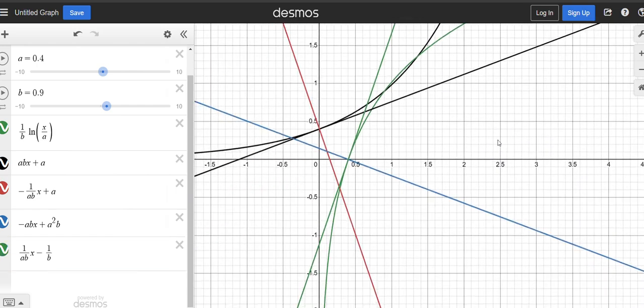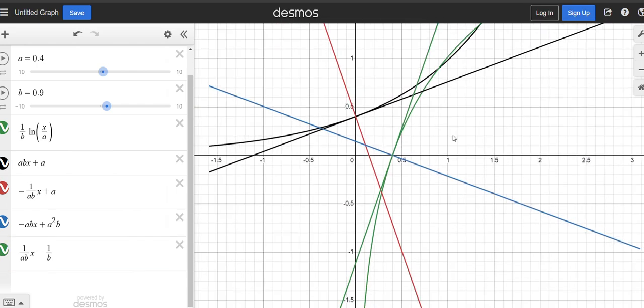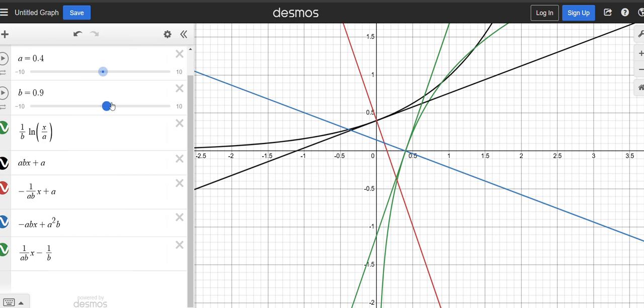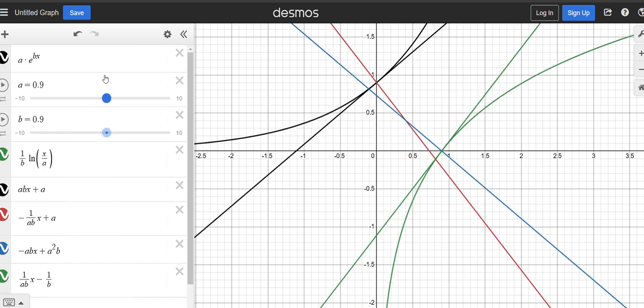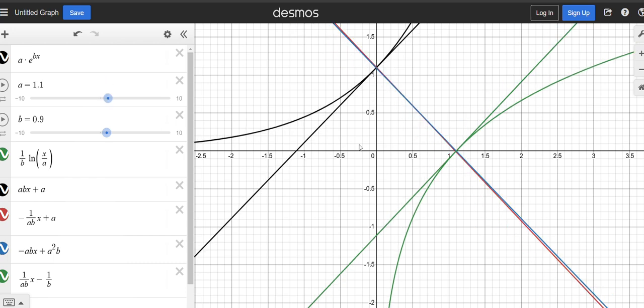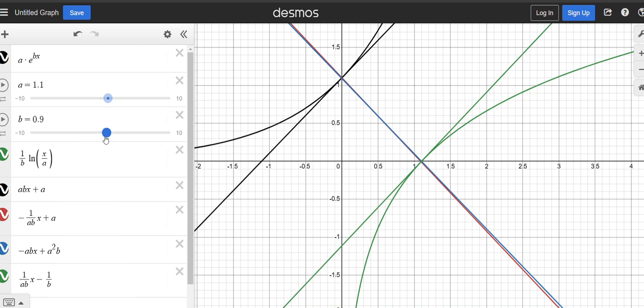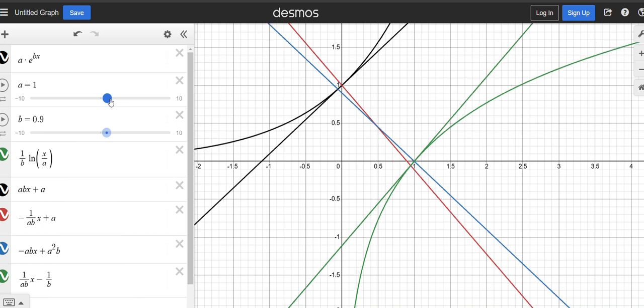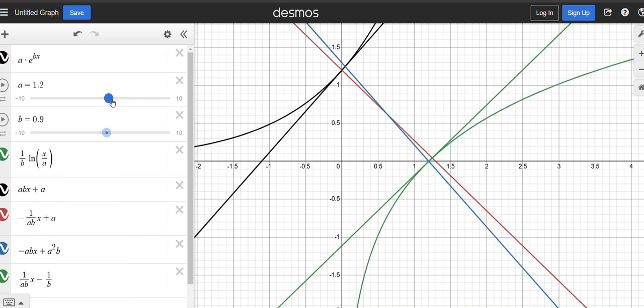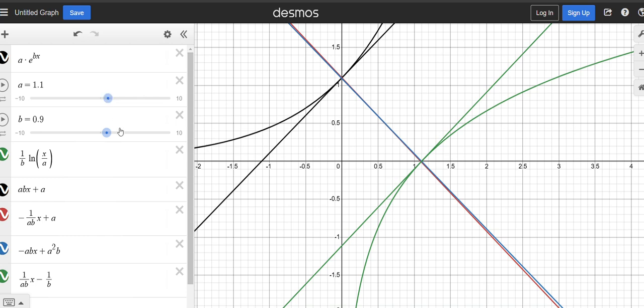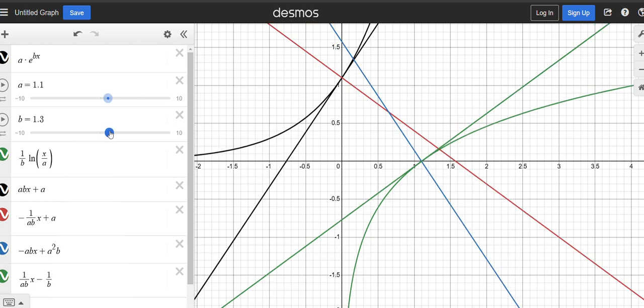And let's zoom in. Let's try and find a good value here. Let a equal 1. Yeah, that's a little more neat. Or 1.1. 1.1 is more accurate.